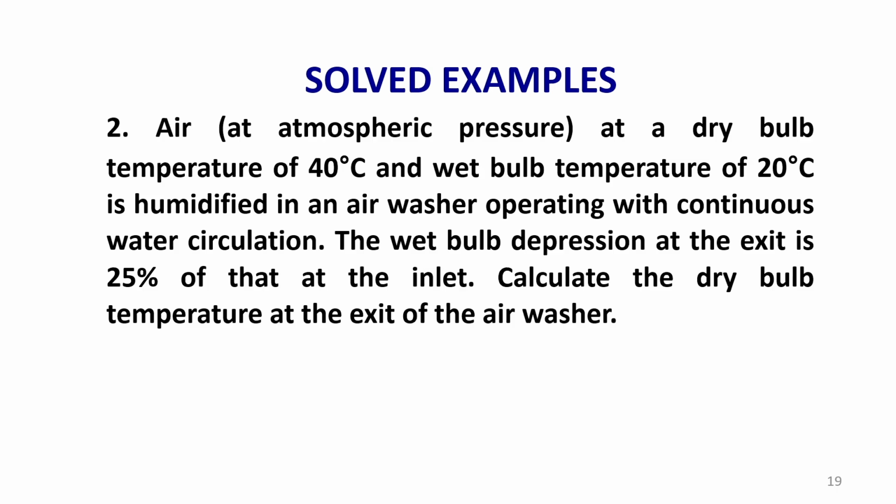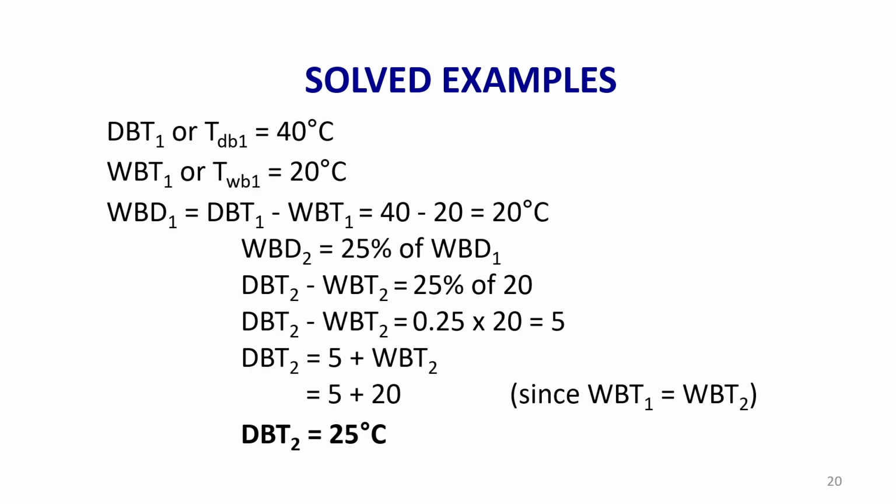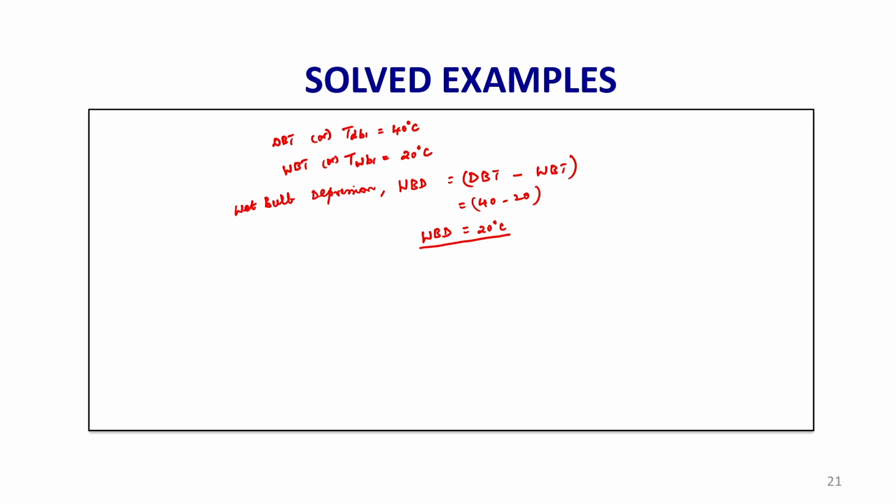Now one more piece of data is given, the wet bulb depression at the exit. Since there are two wet bulb depressions, inlet and outlet, I will use WBD1 for the wet bulb depression at inlet, which we have calculated, from dry bulb temperature 1 and wet bulb temperature 1.